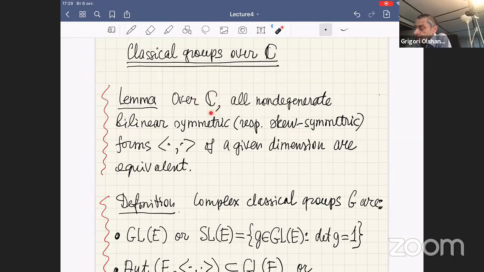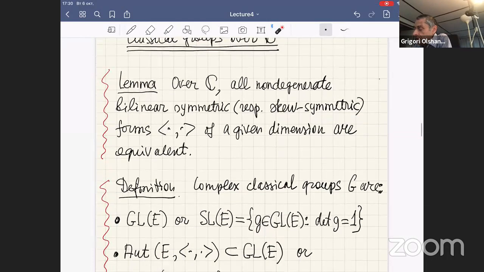Over the field of complex numbers, all non-degenerate bilinear symmetric or skew-symmetric forms, this is my notation for such a form, of a fixed dimension are equivalent. So in each dimension there is essentially one symmetric form and one skew-symmetric form. But of course, skew-symmetric means that the number of variables should be even.